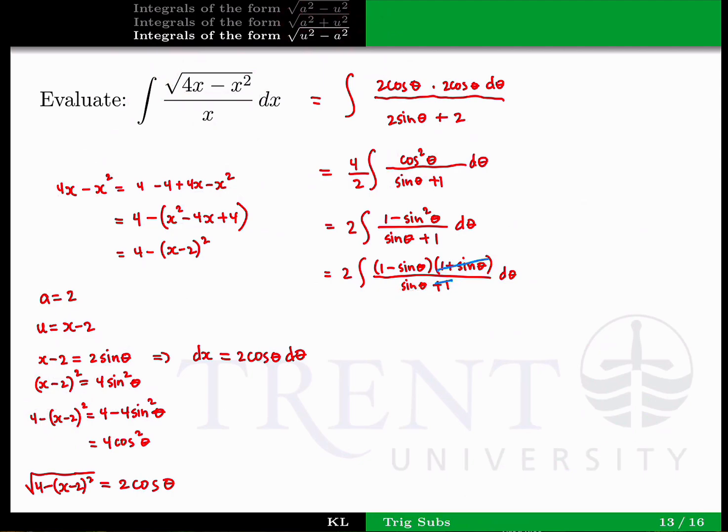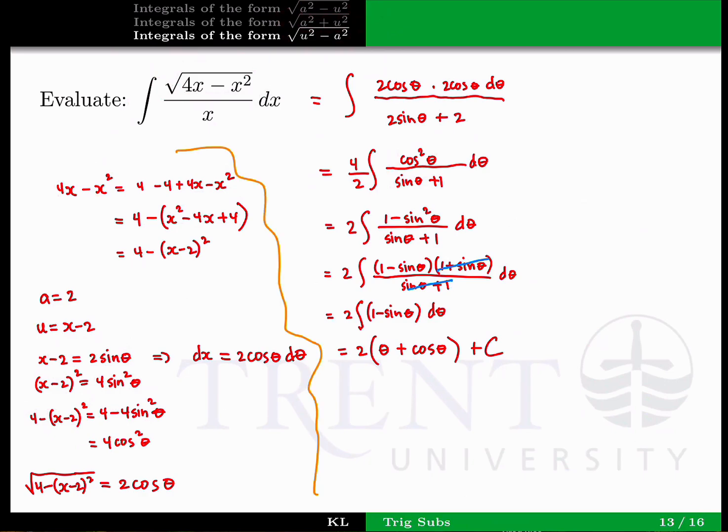So the numerator simplifies into 1 minus sine theta d theta. Integrating, you will have 2 times the integral of 1, that's theta, and the integral of negative sine theta, that's positive cosine theta, plus c.